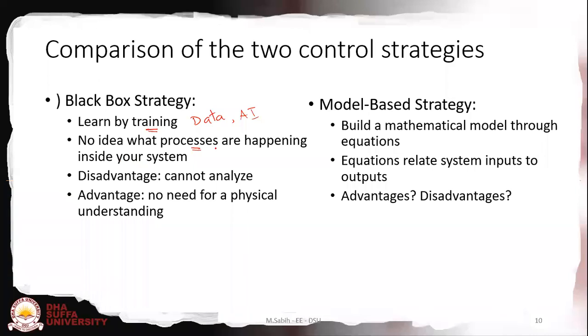So there is no idea what processes are happening inside your system, क्योंकि हमारे पास सिर्फ access क्या है, हमारे पास है you, the process and its result. So this is the result.